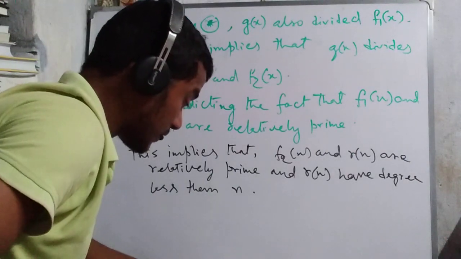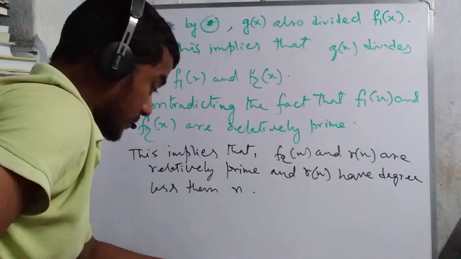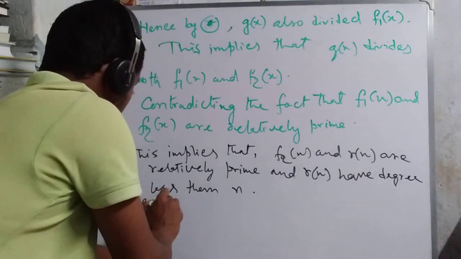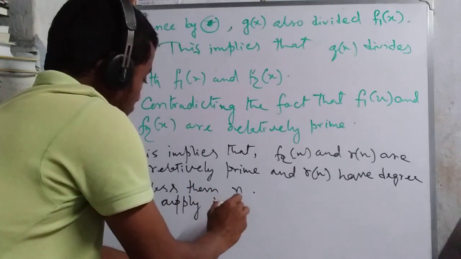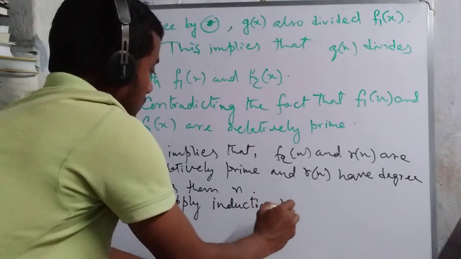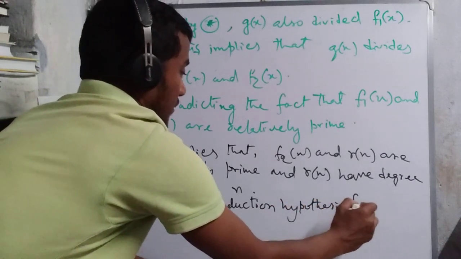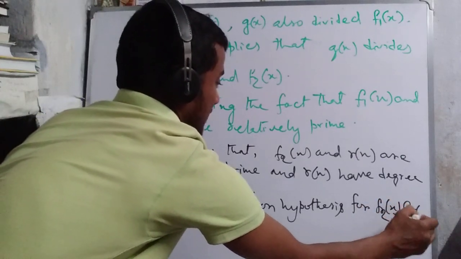So we write it here, that means we apply the induction hypothesis here, for f2(x) and r(x).